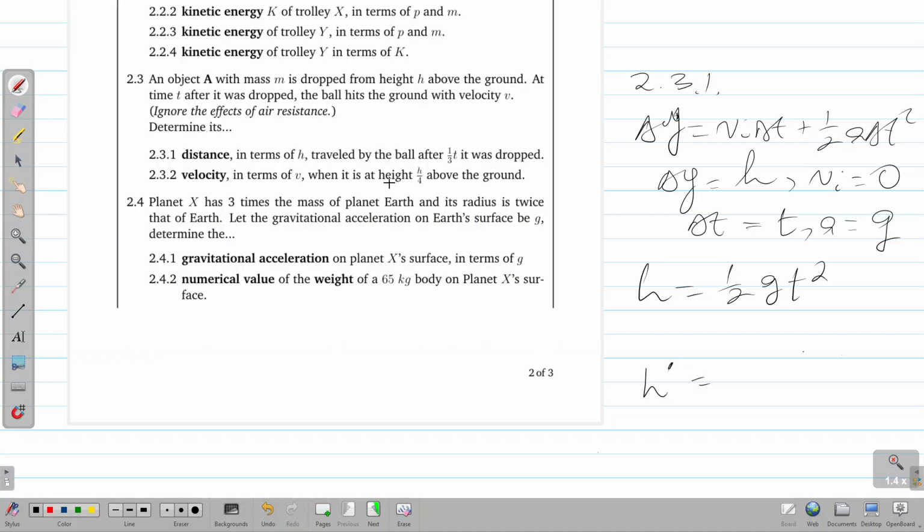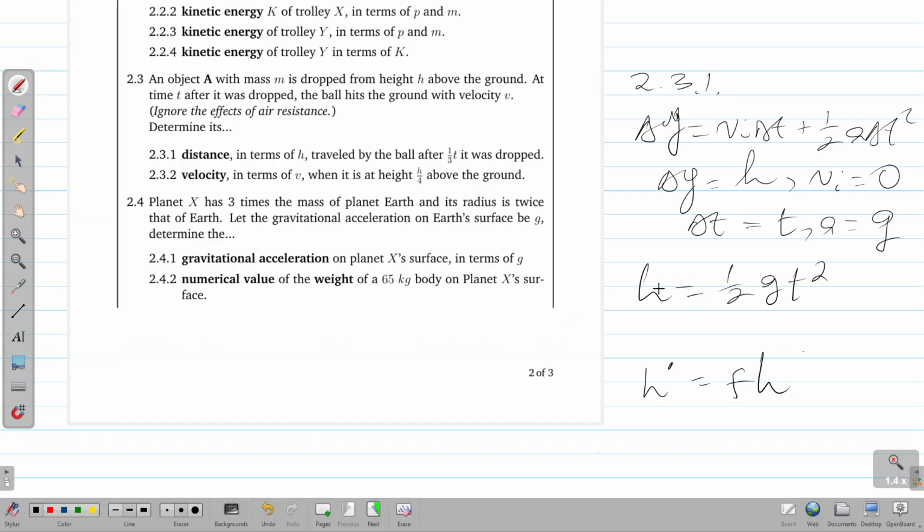We must express this in terms of h. So we just want to determine the factor f that gives us the new distance in terms of h. So the question is, what is this factor?